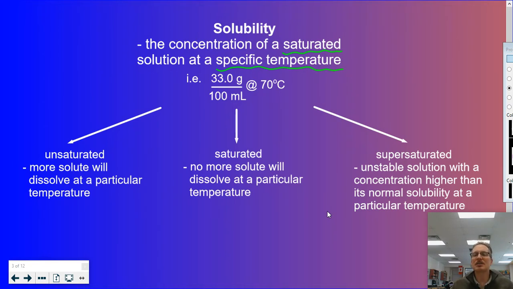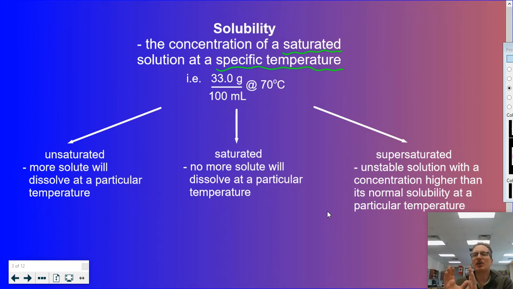However, there are substances where if I grab a certain compound and dissolve it at a temperature of 50 degrees, there's a maximum. However, if I heat the water up to, let's say, 70 degrees, I will be able to dissolve more of this solute. So I am going to max out, I am going to saturate this solution at 70 degrees Celsius.